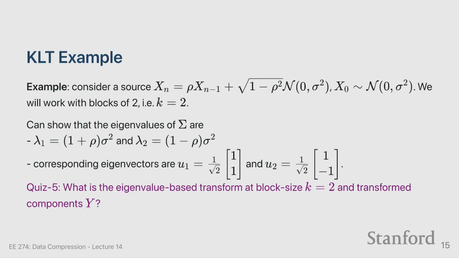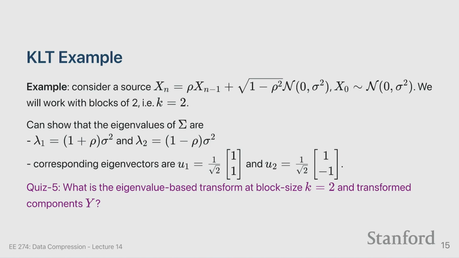So this is just a 2 by 2 matrix. It's not that hard to compute its eigenvalues. You can even use numerical tools. But basically what you can show is that in this case, your eigenvalues turn out to be 1 plus rho times sigma squared and 1 minus rho times sigma squared. So your eigenvalues somehow spread out the variances from these two in some sense, right?